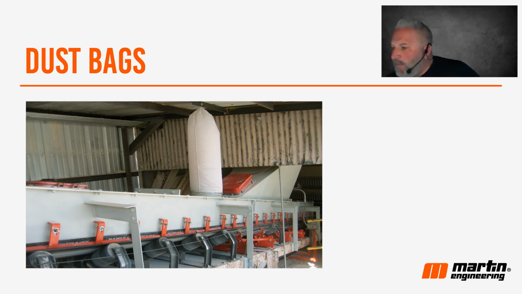So air is traveling through here. As that air hits that curtain, it's forced up into that bag. That bag is specifically designed to let some, not all, but some of that air escape without letting the dust escape along with it. So, gang, that's kind of the gist of what we're talking about here.